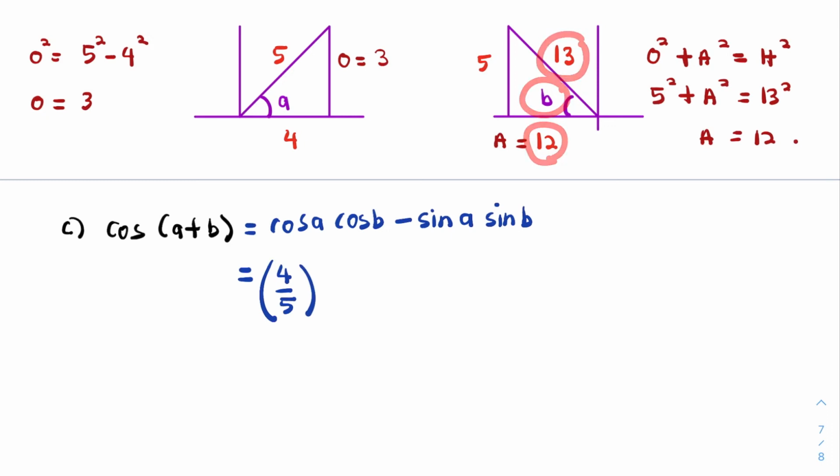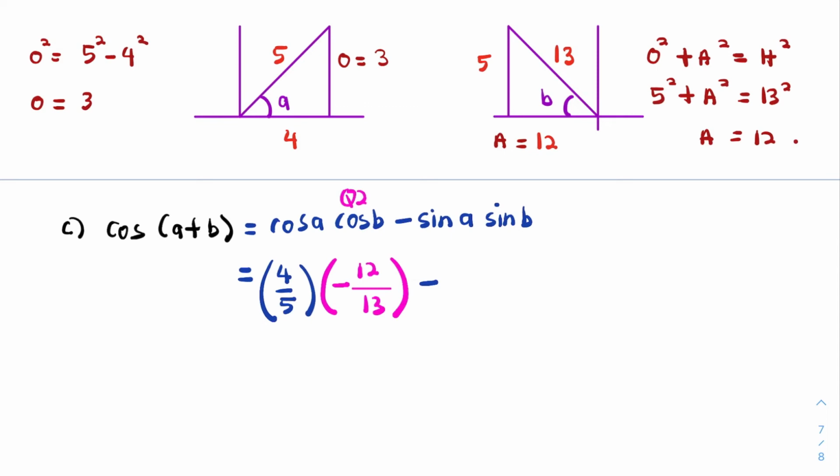Remember that this one falls on quadrant 2. Because it falls on quadrant 2, the cosine will be a negative exact value. So negative, adjacent 12, hypotenuse 13. And then minus sine A, quadrant 1, everything will be positive.